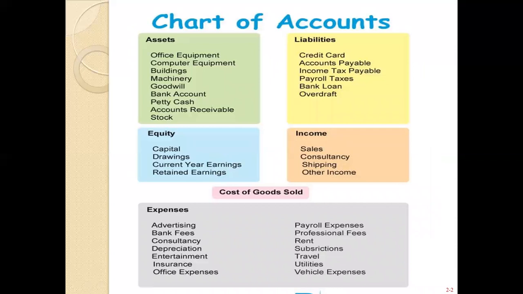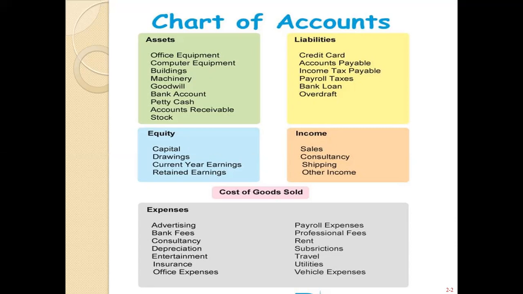Students, when we make any company accounting information, if you want to develop an accounting system, whether in software or manual accounting, that's not important. In both, the first primary important thing is that you need to define the accounts, the number of accounts.